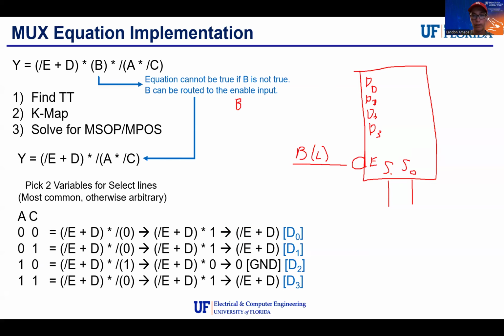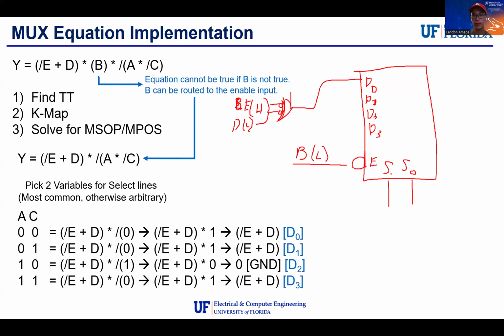So maybe we'll have E. Let's just say E is active high. We feed it into a XOR gate. And then here we say D active low. So there's no mismatch on D, so it'll stay D. There's a mismatch here, so this will be not E, which is what we want.